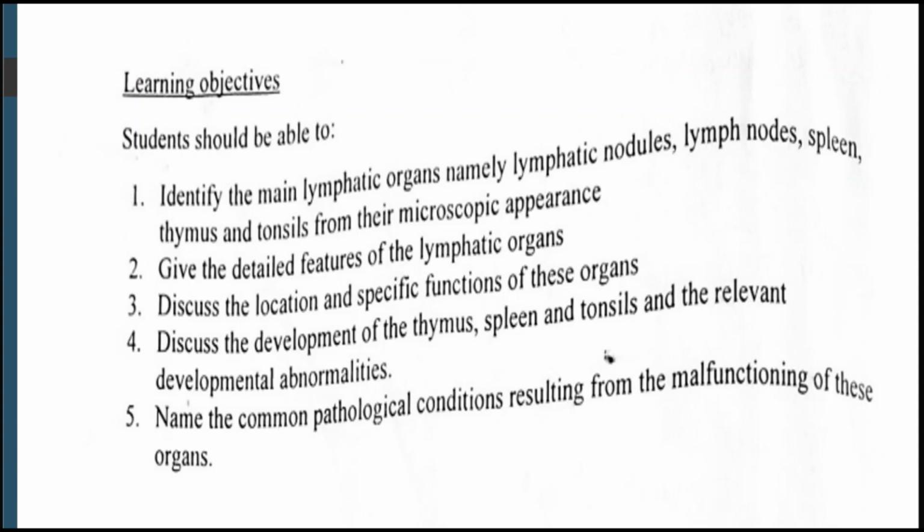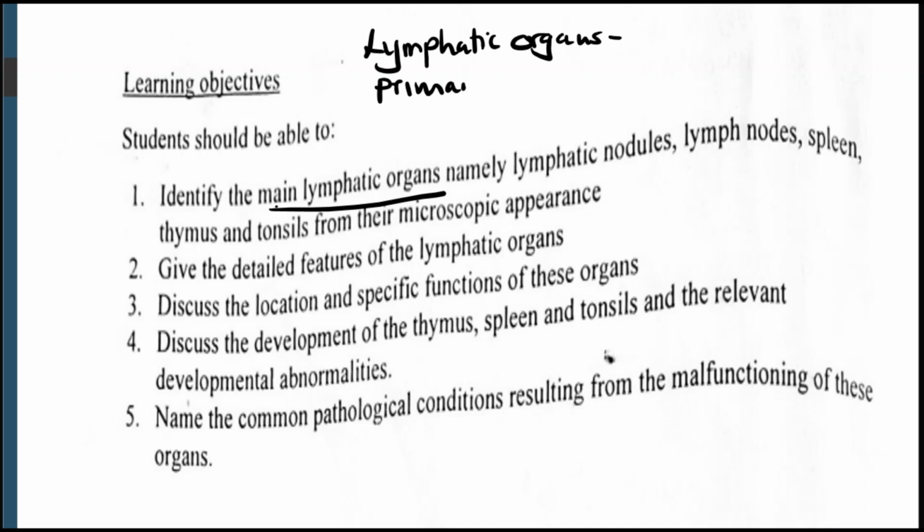Okay, so what are our learning objectives for this lab? Number one, to identify the main lymphatic organs. Your lymphatic organs are classified as primary organs, which are the bone marrow and the thymus.